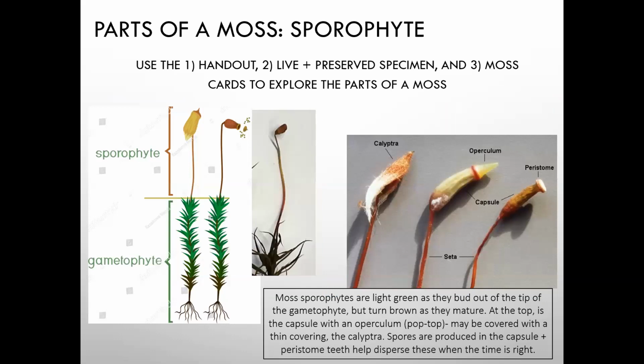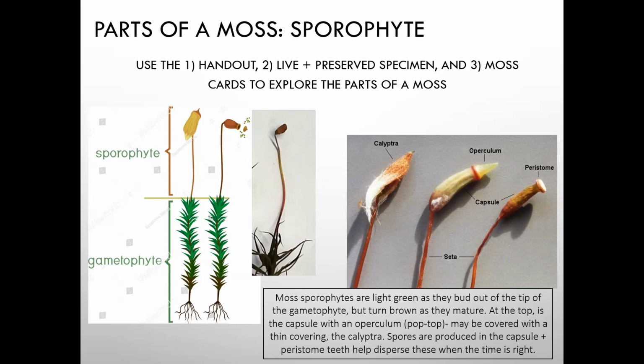Another image here to show the difference between sporophyte and gametophyte in mosses, and a close-up of the sporophyte itself. So moss sporophytes are light green as they bud out of the tip of the gametophyte, but turn brown as they mature. So they're not using photosynthesis, they're getting their energy from the gametophyte.